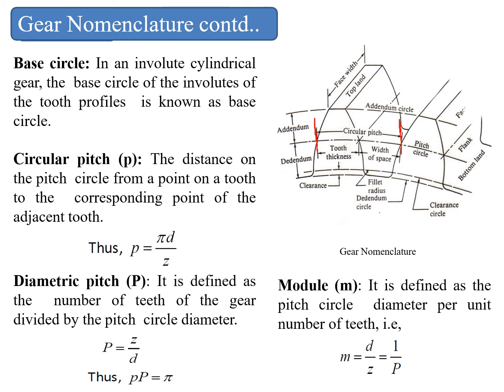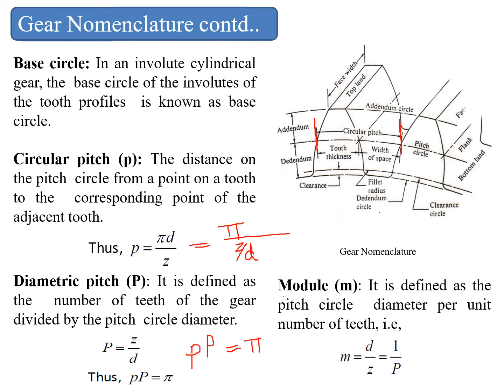Talking about diametric pitch, it is defined as the number of teeth on the gear divided by the pitch circle diameter, so diametric pitch is Z by D. The circular pitch formula can be written as pi upon Z by D, and this Z by D is represented by capital P. So small p into capital P equals pi. This is the relation between circular pitch and diametric pitch.